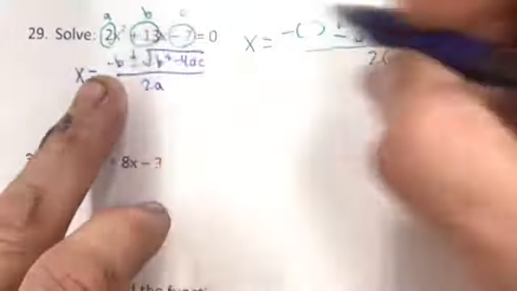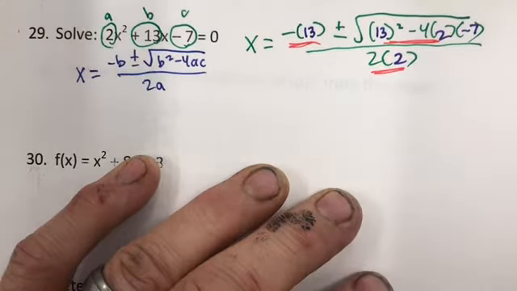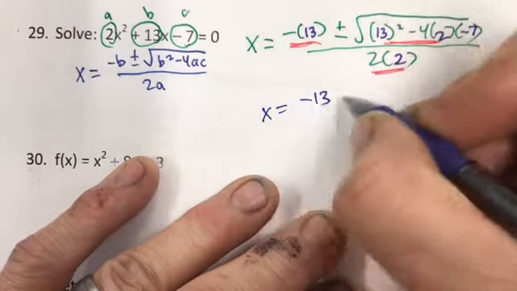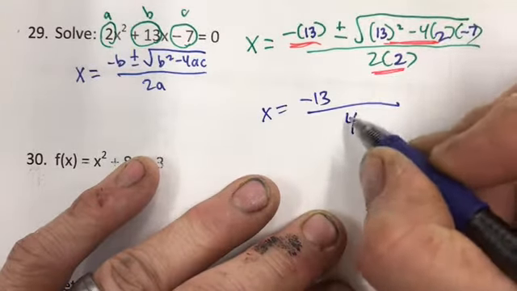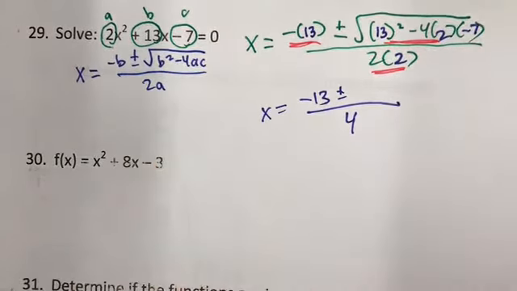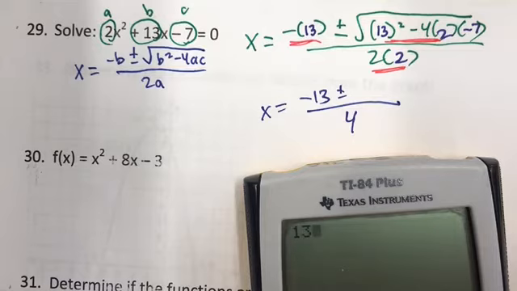Okay. Now, once I do that, there's 3 things to do at one time. Right here, negative 13. Okay, x equals 2 times 2 is 4. There's 2 of the things. Now, in this radical, I need to punch that in. 13 squared.